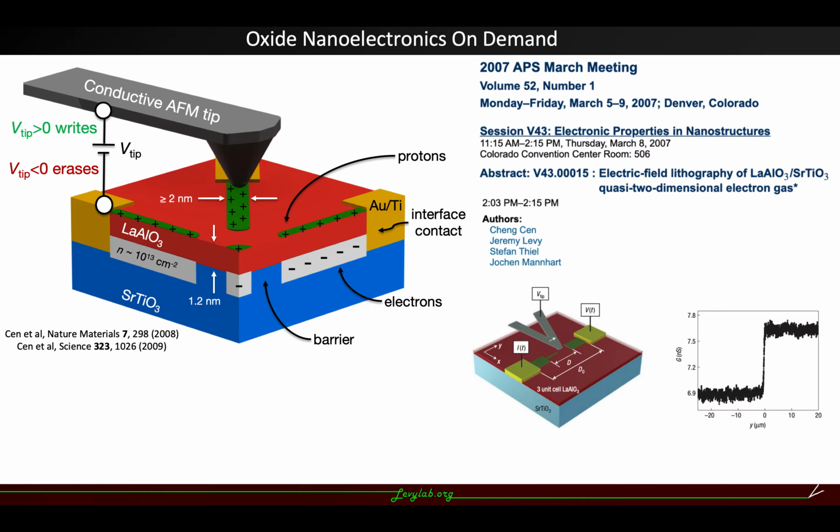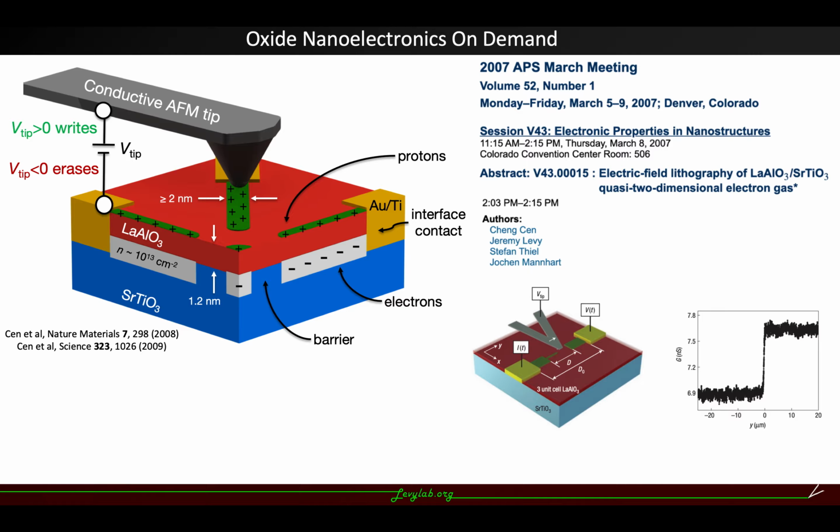In our group, we study the lithium aluminate strontium titanate heterostructure. By placing just under 4 unit cells of lithium aluminate on strontium titanate, we can control the metal-to-insulator transition locally at the interface with conductive atomic force microscope lithography.